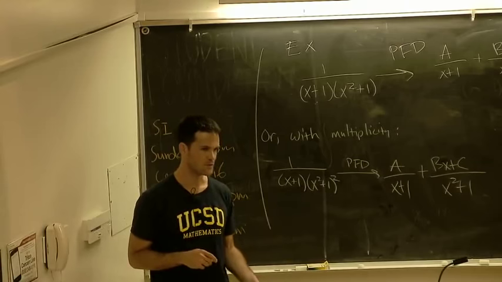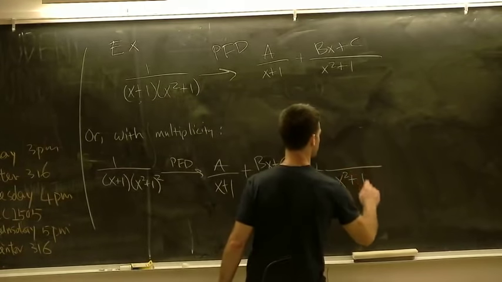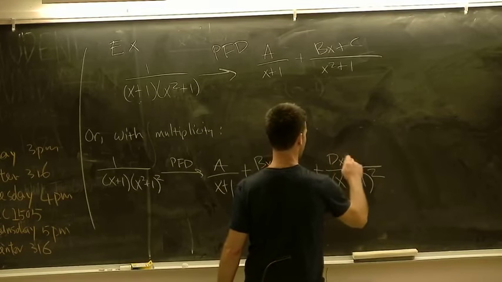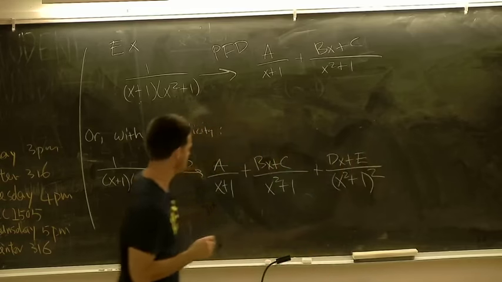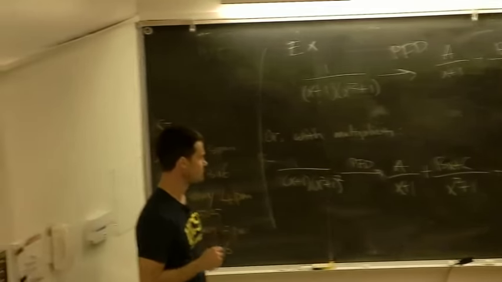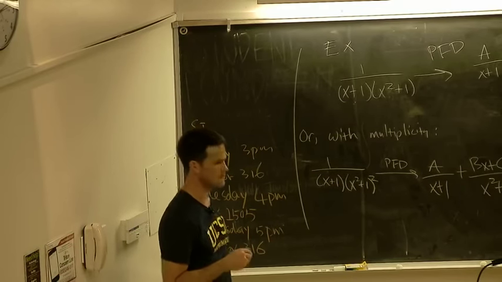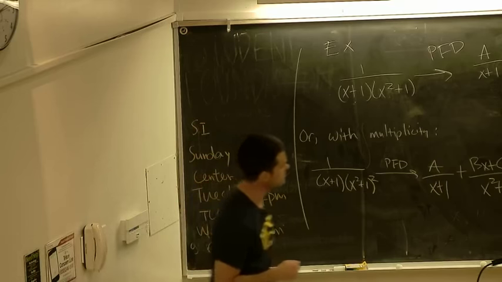And I need one more term for x squared plus 1 squared. And this will have like dx plus e. So, man, yeah, I'm not going to do an actual example with that. It would just be too much work.